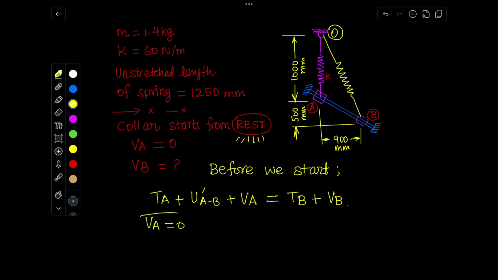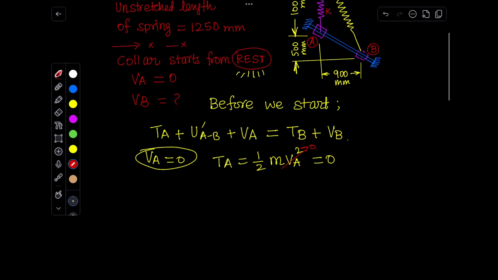Now we are going to solve each part of this equation. As you know, the velocity at position A is 0, so TA, the kinetic energy at point A, will be 0. Now we have to calculate the work done by the spring, and we will come back to the work U-AB later.